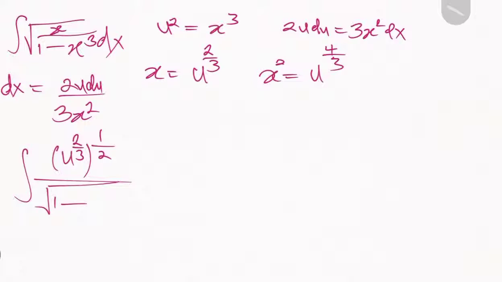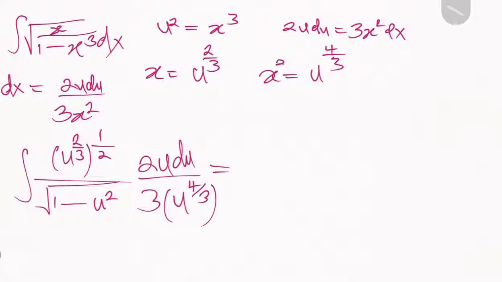Of course, that's just u squared. Now what is dx? dx is actually 2u du over 3x squared. What is x squared? x squared is just u to the 4/3 power.